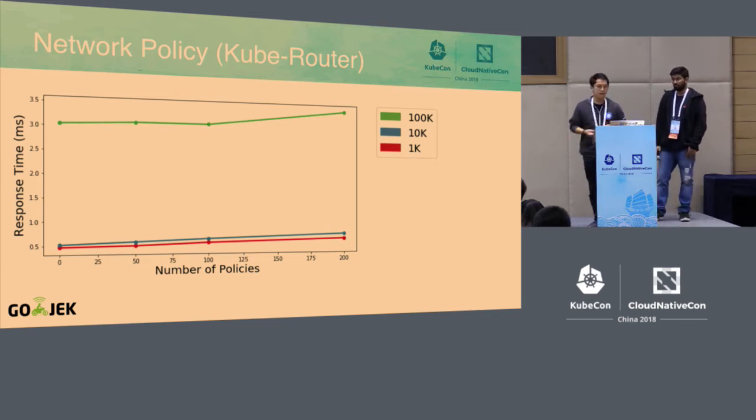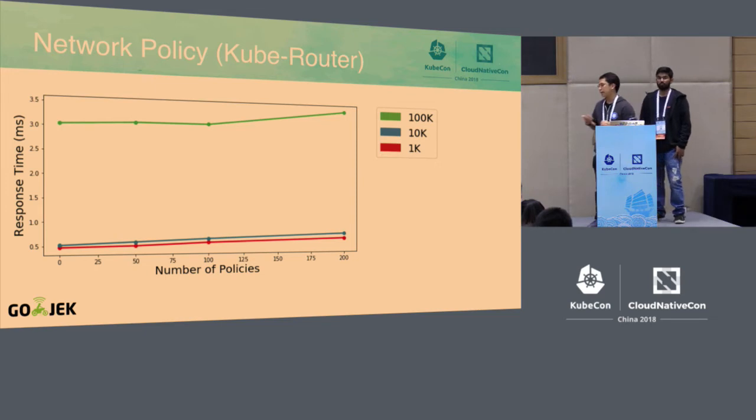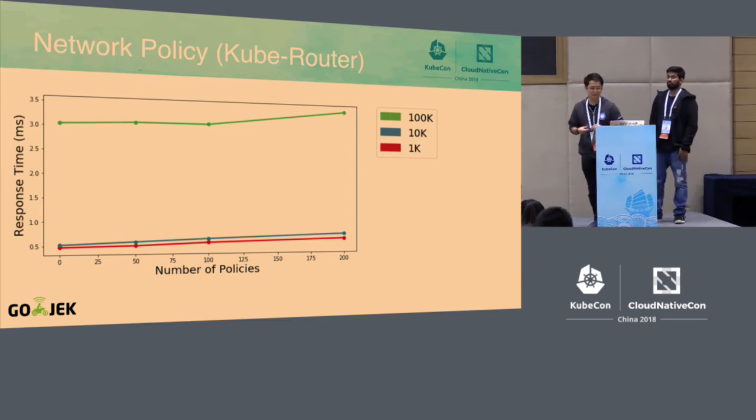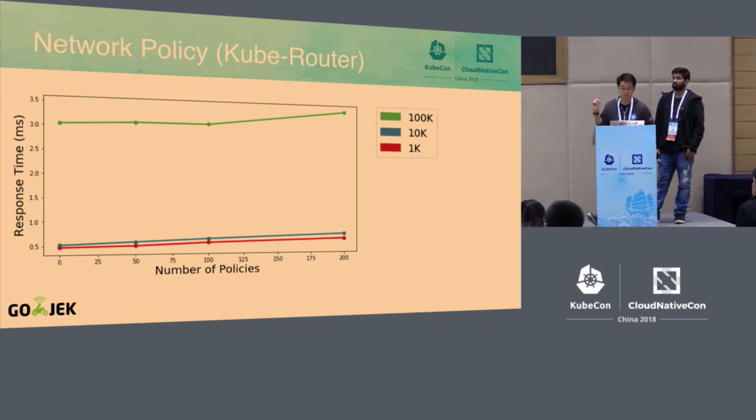For Romana, they actually provide it, but because of an open issue in GitHub, we could not play around with the network policy when we set up with kops, because I think the latest kops release somehow changed the default iptables configuration that caused some issues with Romana network policy.